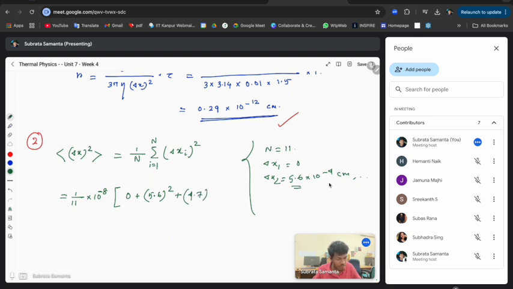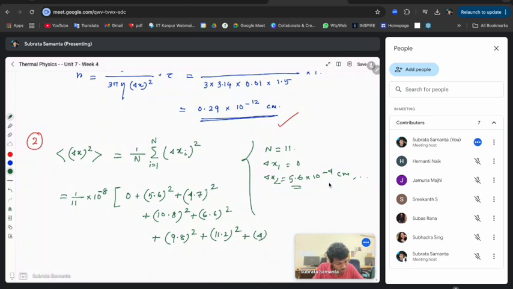4.7 squared. The negative sign, when you take a square, is positive, plus 10.8 squared plus 6.6 squared plus 9.8 squared plus 11.2 squared. I am not writing the minus sign, because when we perform the square it is already positive, so that is why I am omitting it.